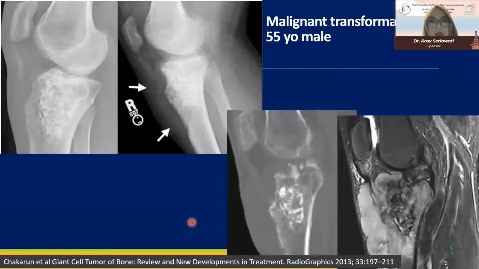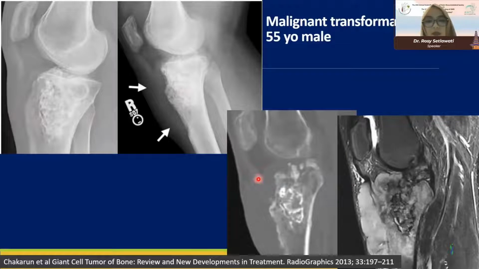This is a case of malignant transformation of a GCT in a 55-year-old male. After curettage and a graft in the proximal tibia, and 23 years after the grafting, we can see a suspicious new lesion on the anterior part with soft tissue involvement.